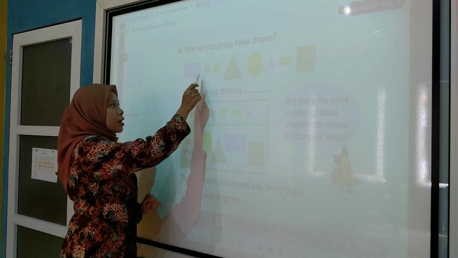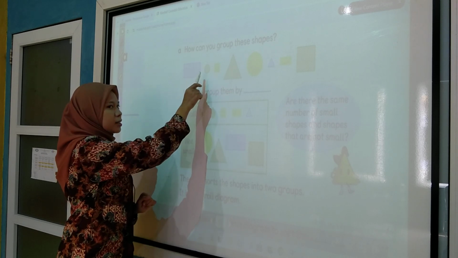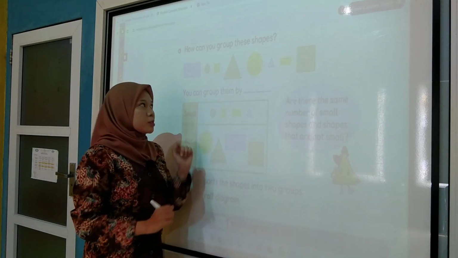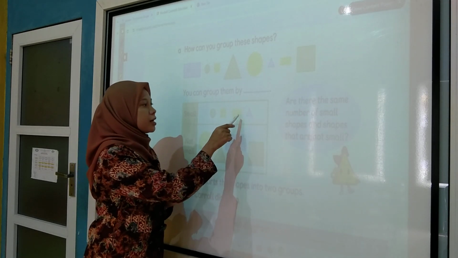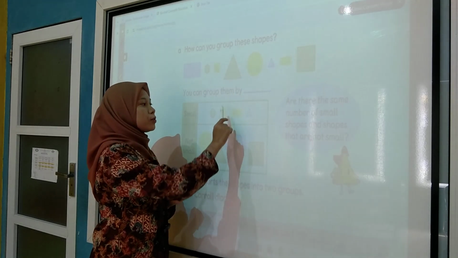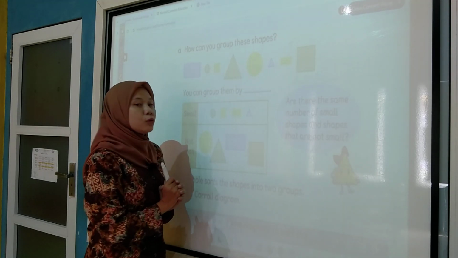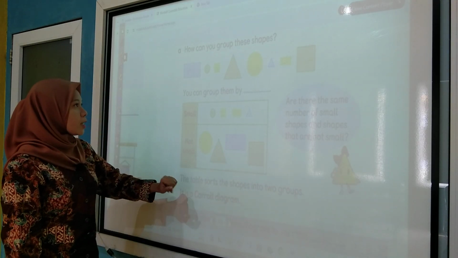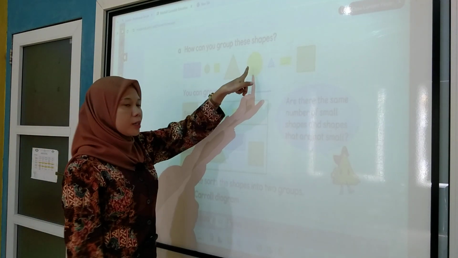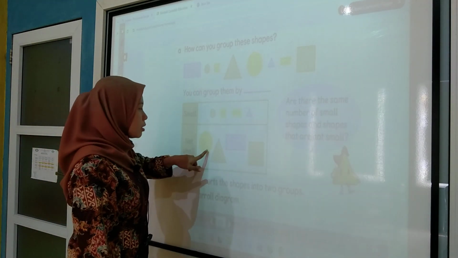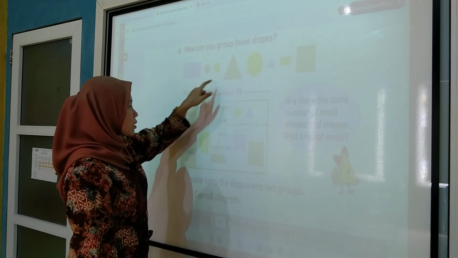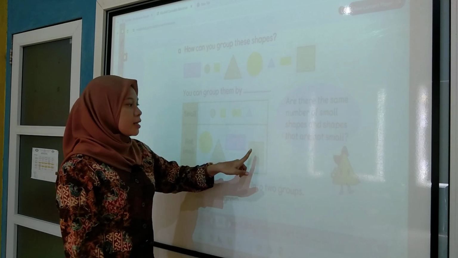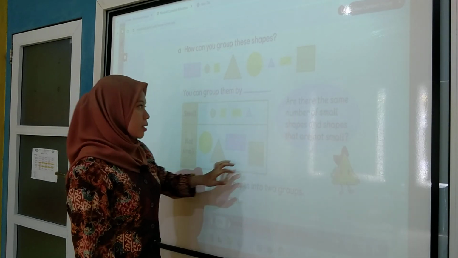There is one small circle here, and then the small yellow square here, and then the small yellow rectangle, and then the small blue triangle. And then for the not small shapes, we can put this big yellow circle here, and then the big orange triangle here, the big blue rectangle here, and the big orange square here.